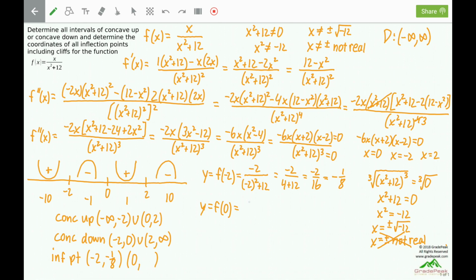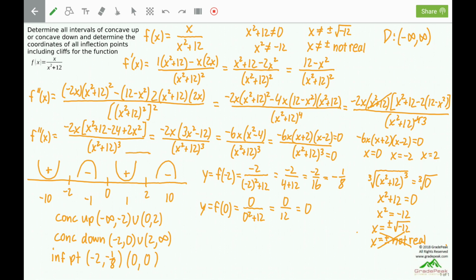And that will equal 0 over 0 squared plus 12, which is 0 over 12. And 0 over any non-zero number equals 0. So it has a corresponding y-coordinate of 0. So being 0, 0, it's the origin.